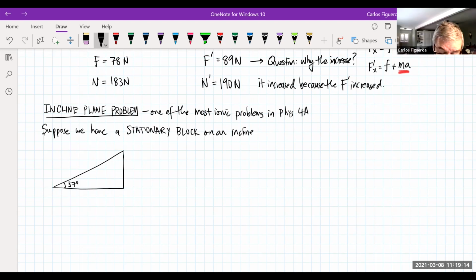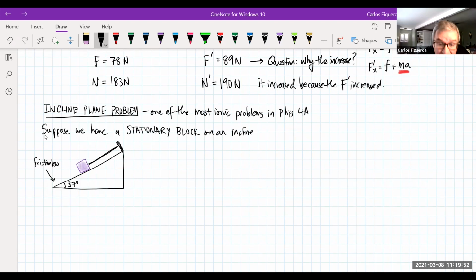So now I've got a block. Here's my block. In order for it to be stationary on a frictionless surface, I'm imagining that I have tension in a rope. The surface right here is frictionless, so it's the tension in the rope that's keeping this block stationary.